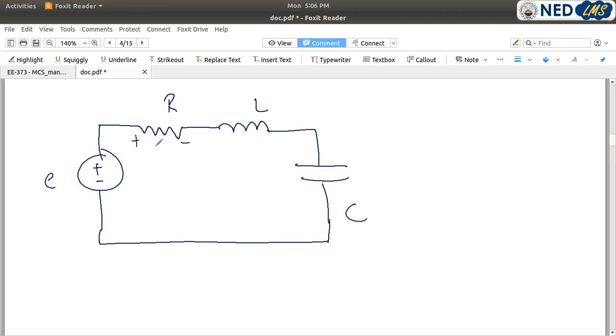Voltage across the resistor is VR, voltage across the inductor is VL, and voltage across the capacitor is VC. Current flowing in all of these elements is I. So now writing a mathematical equation for this system by applying KVL in this loop.